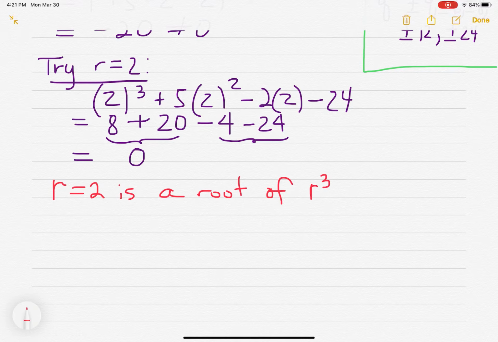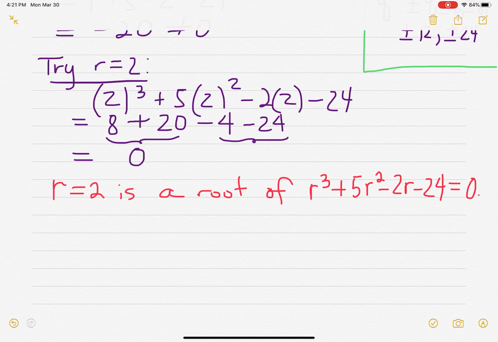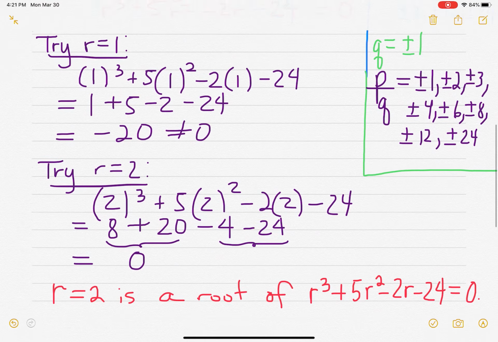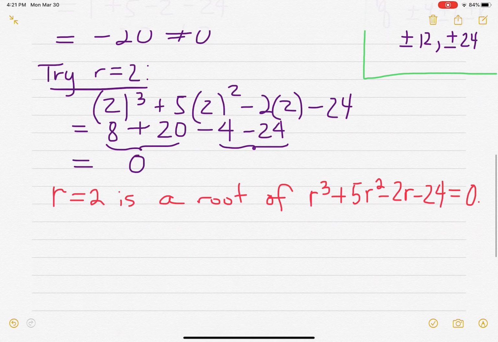Is that right? Let me just double check. Yep, that's right. All right, so we got one root.